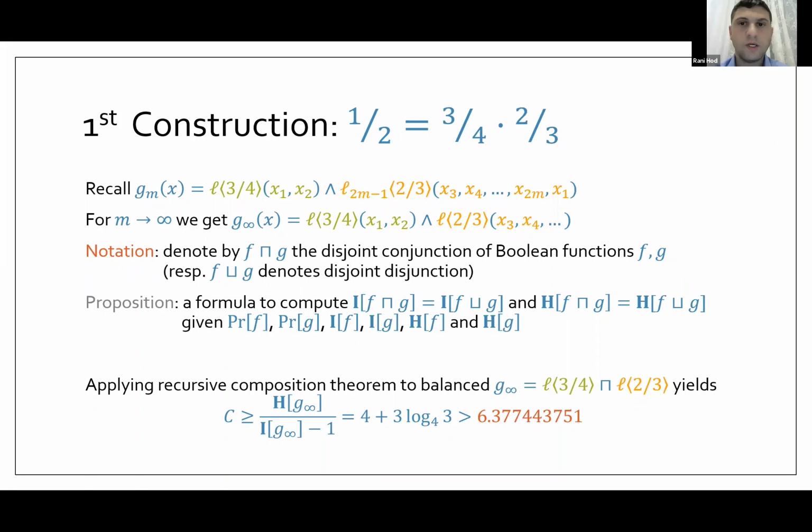So in this case, we need to take two numbers whose product is 1/2. Trying a bit, these are the best that we could take. So we need another idea to improve upon what we have here.